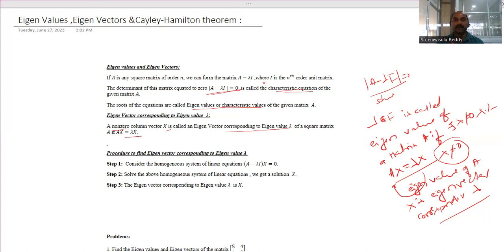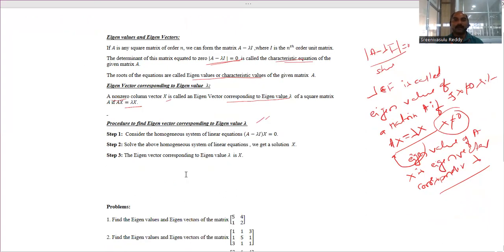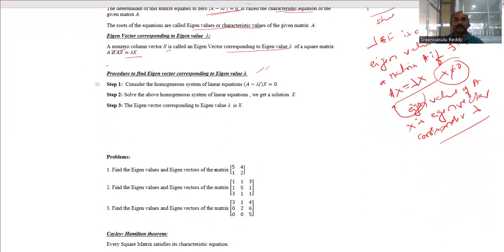Procedure to find the eigenvector corresponding to an eigenvalue. Here I provide the procedure. First, (A minus lambda I) times x equals 0, because as per the definition, Ax equals lambda x.